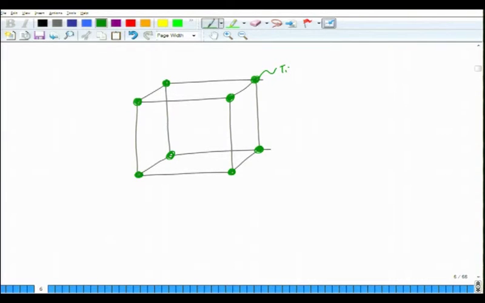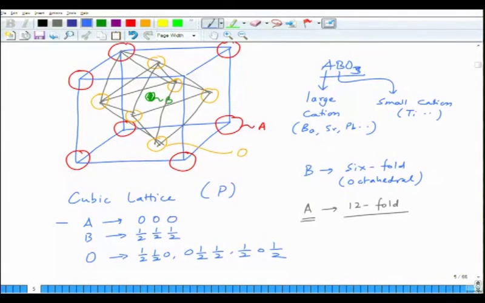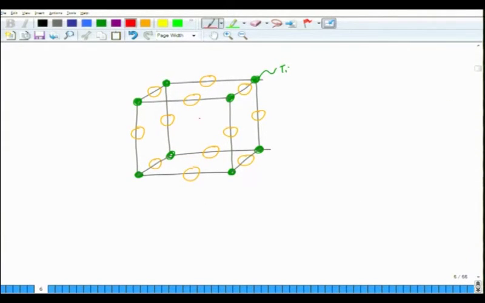Where does oxygen go? Oxygen goes to the face centers, and where does barium go? The barium goes to the center. What is the color barium we used? Red one. Okay, put the red one right here.